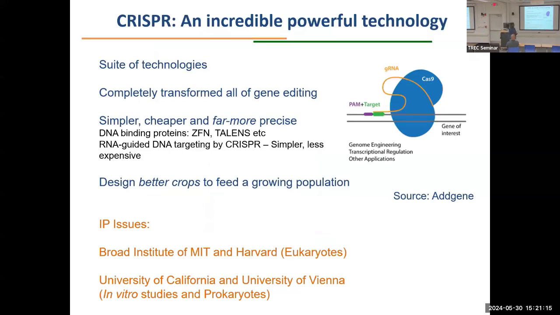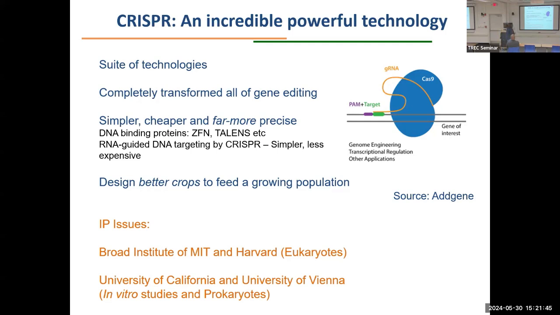So CRISPR is a very powerful technology. With the help of CRISPR, you can make any desired changes where you want in the genome. This gene editing technology using CRISPR-Cas has transformed all the editing technology. Before, we had a few technologies like zinc finger nuclease and TALEN, but none of these technologies was as powerful as CRISPR.